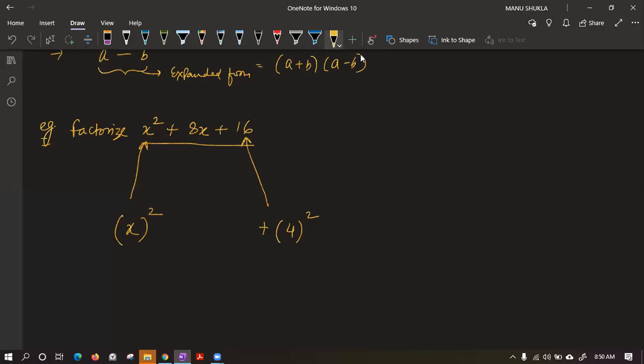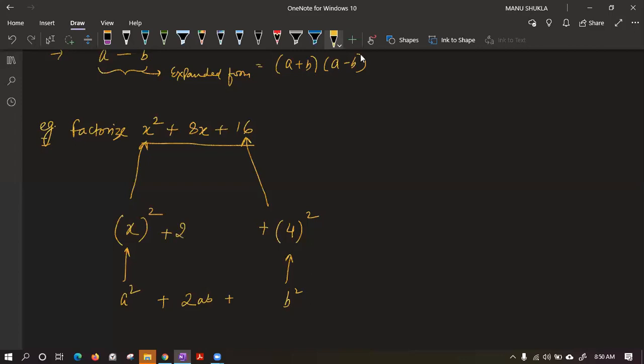So we can think of it as a square, we can think of it as b square, and in between what do we have, class? Plus 2ab.